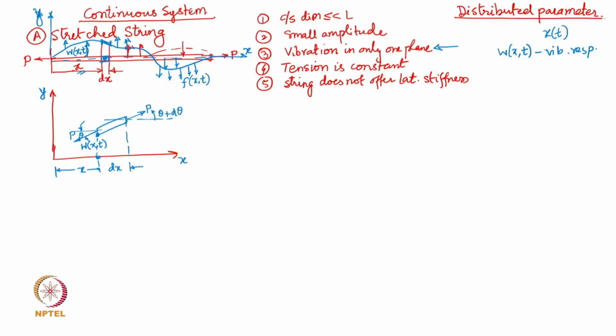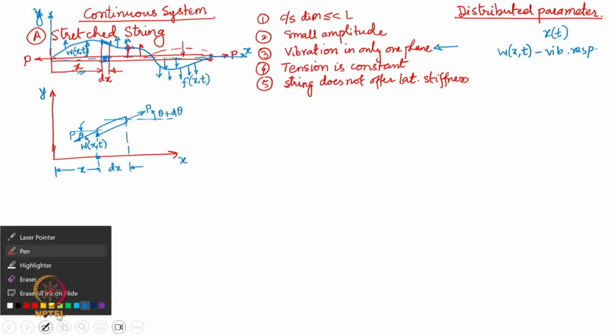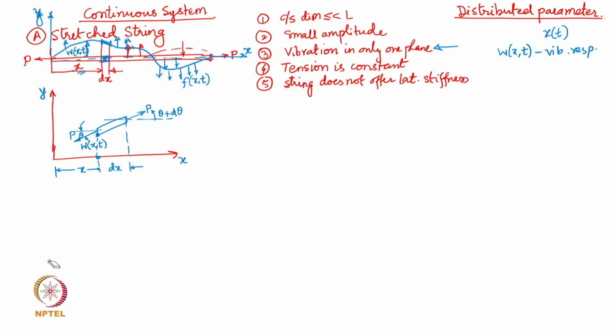So I am going to write this as a general forcing function f(x,t). This is the force per unit distance, so the unit is important to note: it is force per unit distance of the string. That's the force which is going to act laterally on the string.